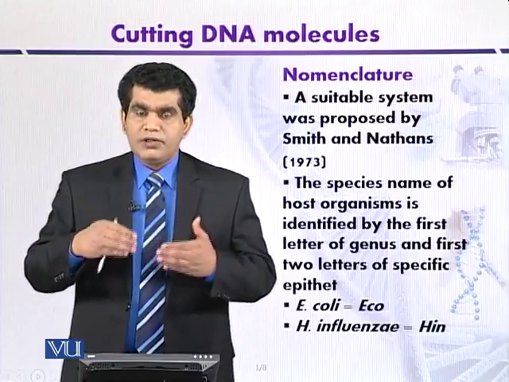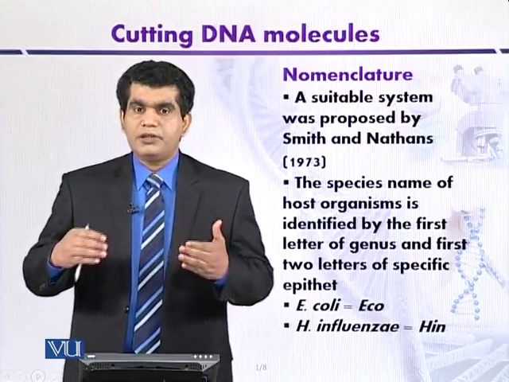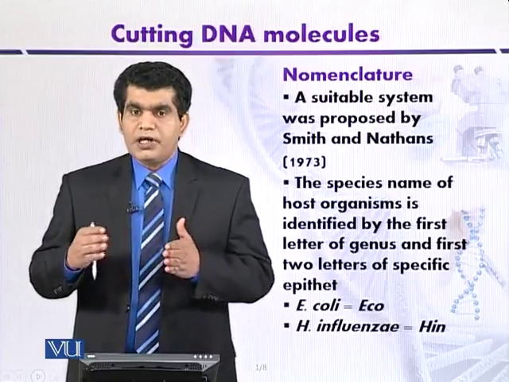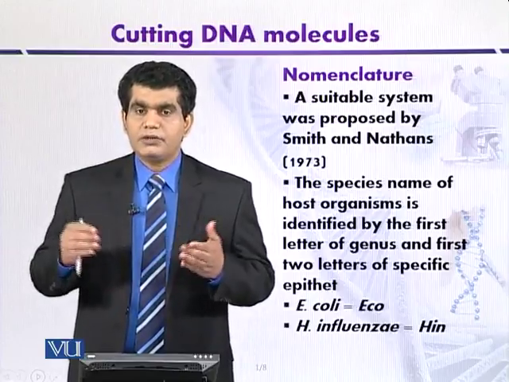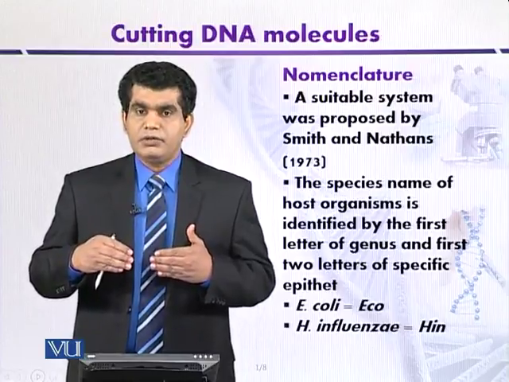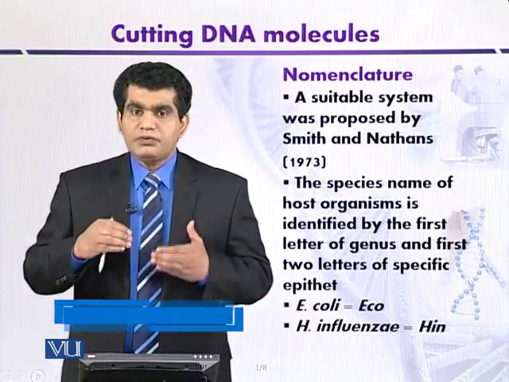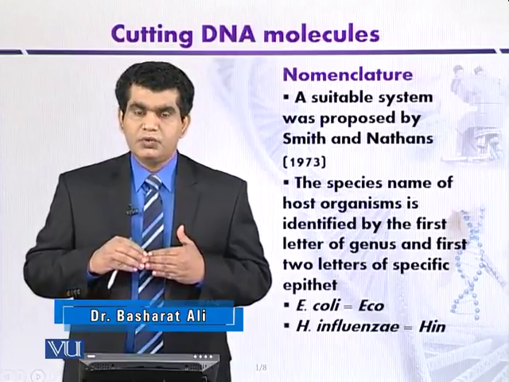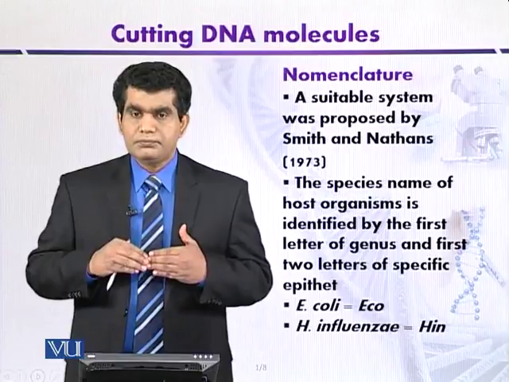One of the first points was that for the host organism that produces these restriction enzymes, the name can be taken after the name of that organism. For example, if the restriction enzyme is isolated from Escherichia coli, the first letter will be from the genus name, Escherichia, so E will be taken from the genus name.